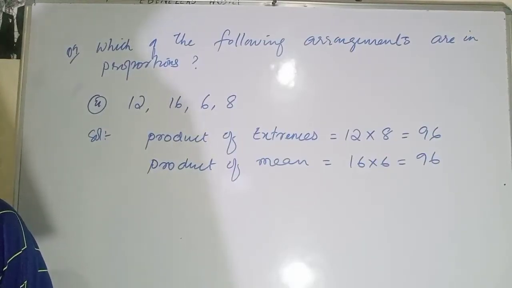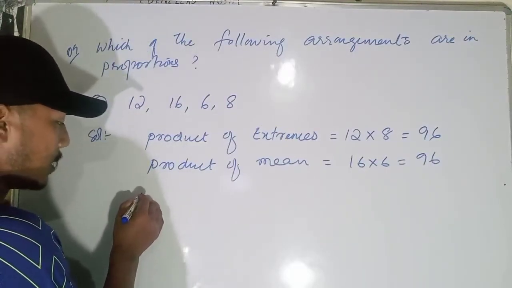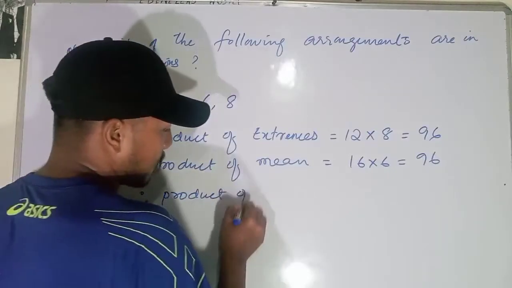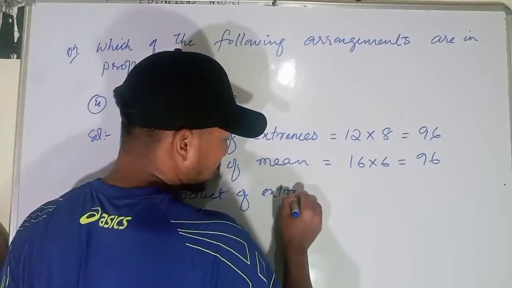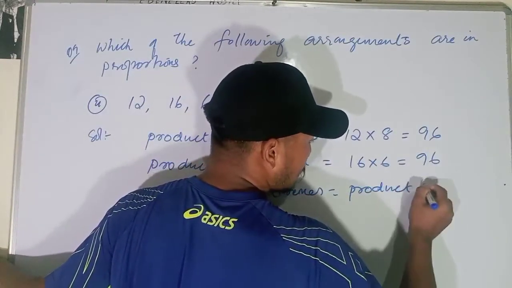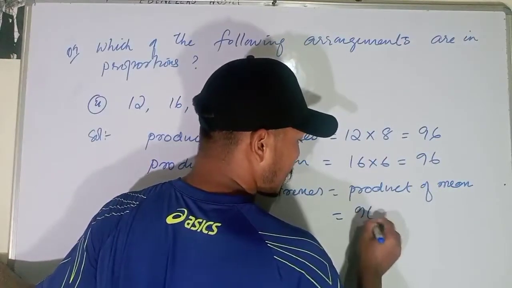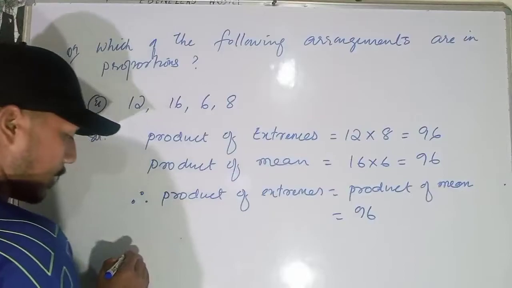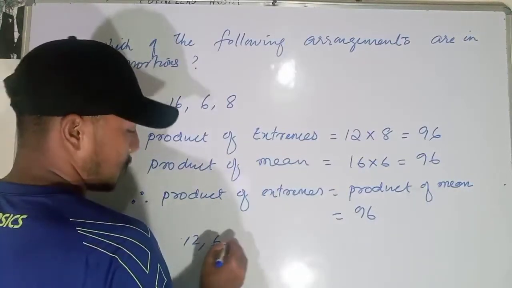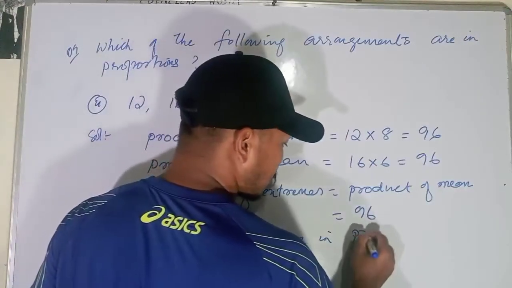Since the product of the extremes is equal to the product of the means, which is also 96, therefore 12, 16, 6 and 8 are in proportion.